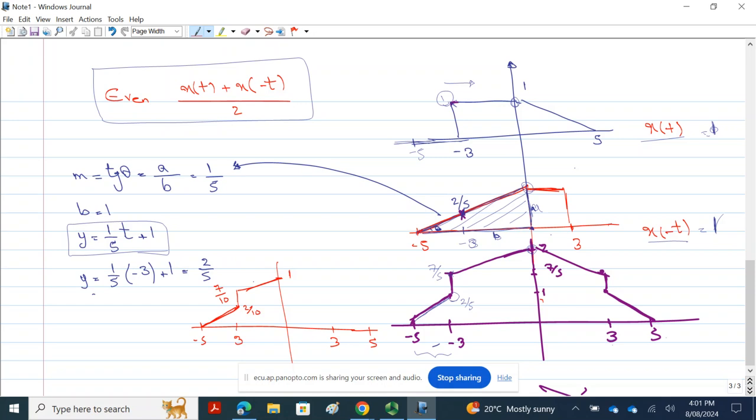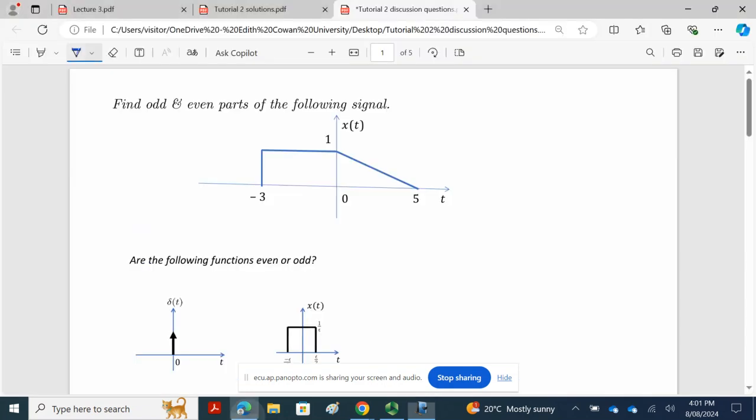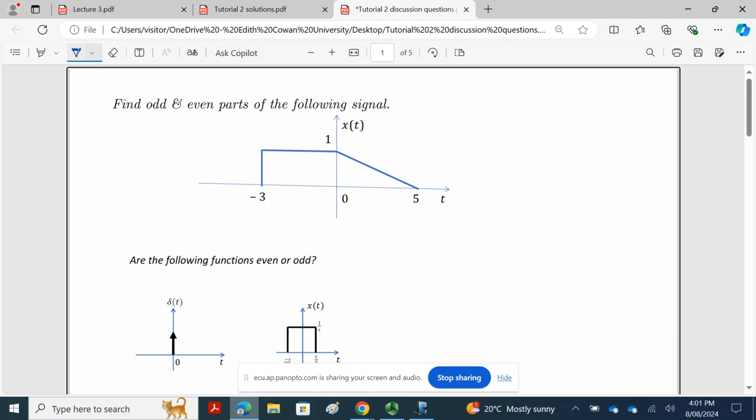So we have a signal. To prove, you may get two questions. One is, you're given this signal, and you are asked, is this even or not? In that case, what you need to do is find x(-t), then compare it to the original signal. If they are the same, that's even.